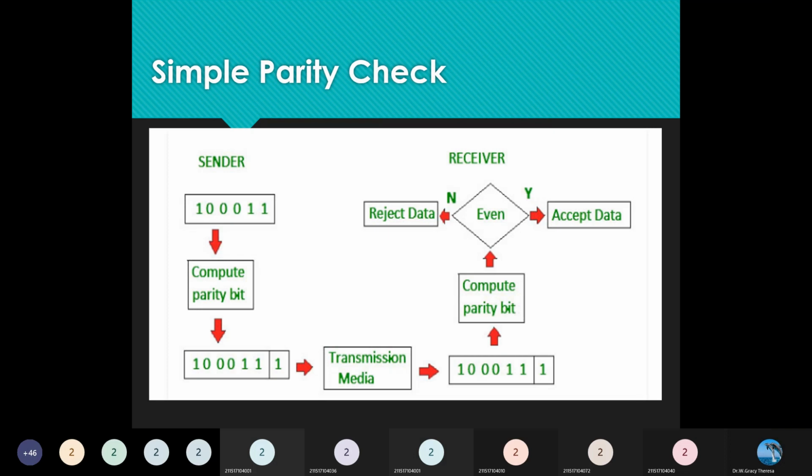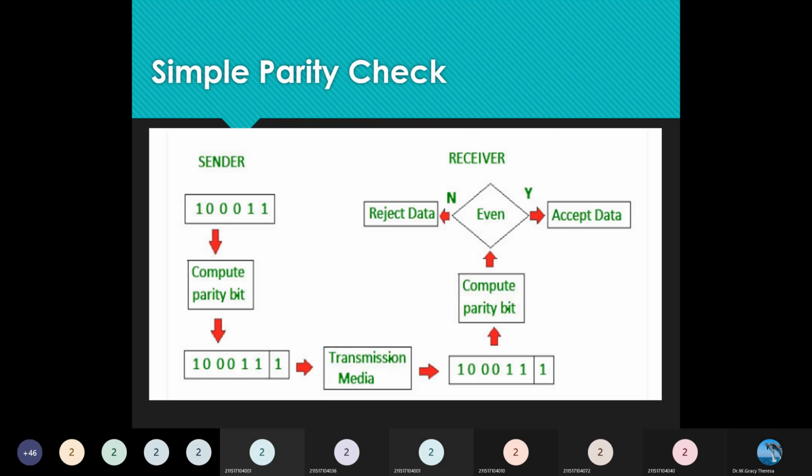As I said, error detection happens only by using some extra or redundancy bit. Here we are going to add a single bit, and that single bit is what we call the parity bit, in order to check whether any error happens in the data that is being transmitted.